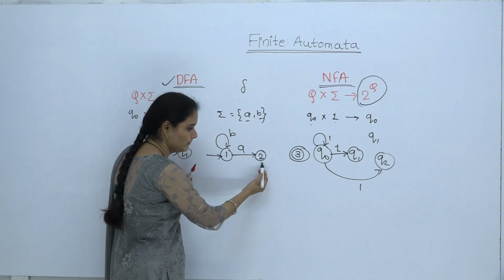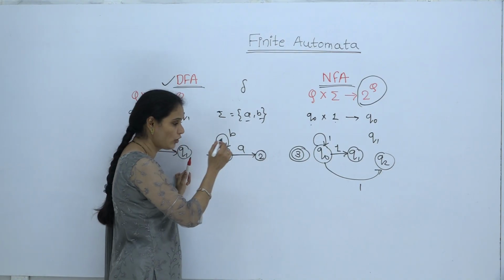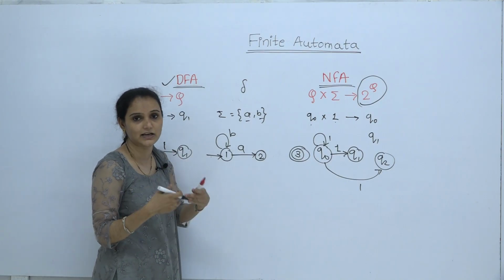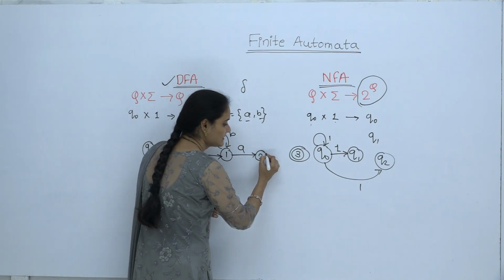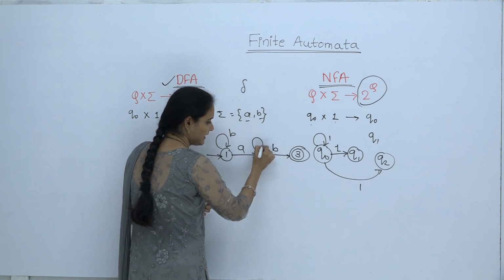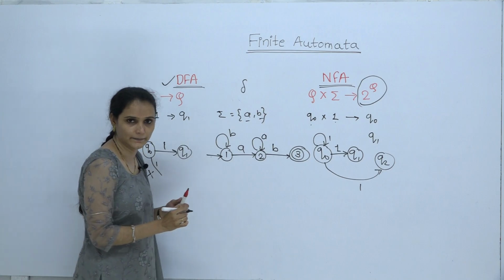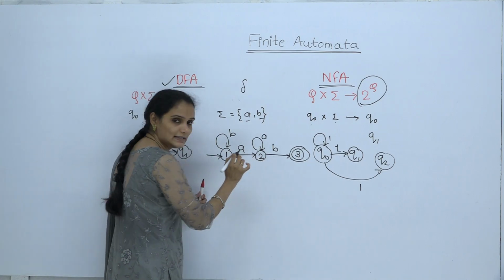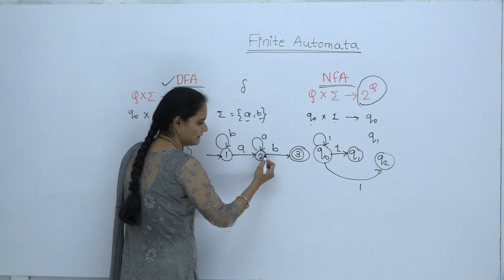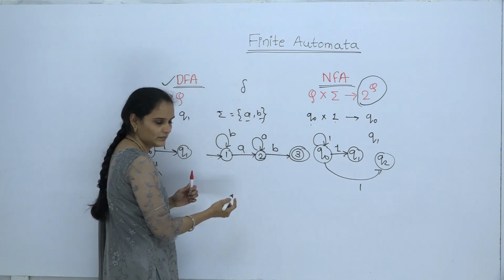Then from 2, the next state is 2. From 2 also A should go somewhere and B should go to some other state or that particular state itself. Suppose it is like this: B goes to 3 and there is a loop of A. So 2 has also fulfilled the condition, because A goes to that particular state and B goes to the other.